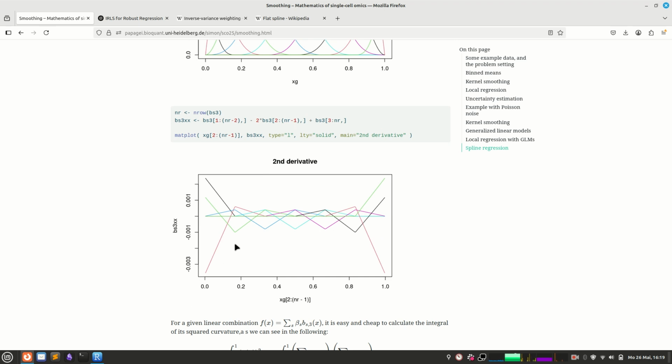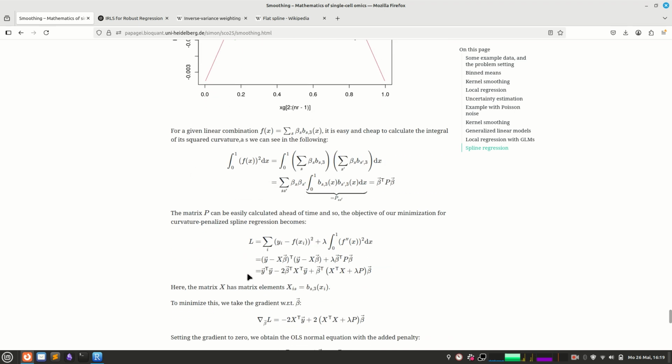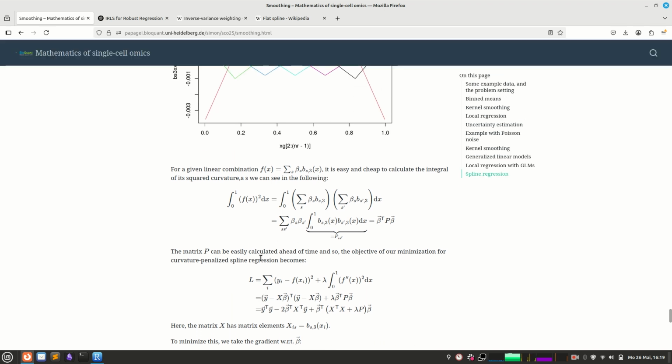Now this means that if I want to actually calculate my penalty term that I need for the least squares, I can do the following. This here is my spline squared, and if I now add this up, what's the nonsense here? I've written nonsense here. Imagine there would be 2 primes here.